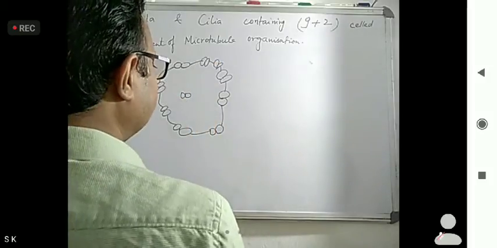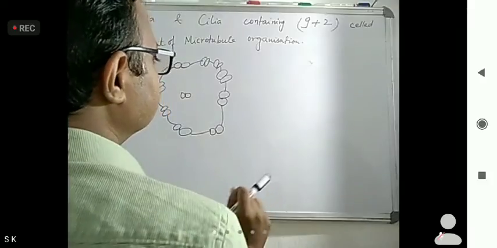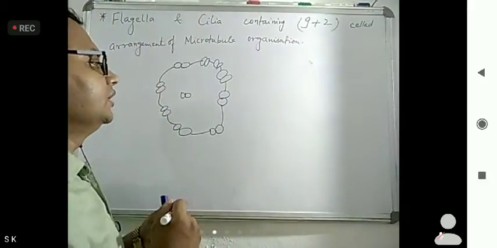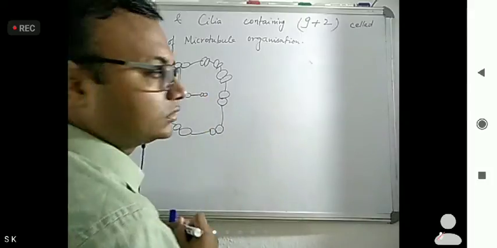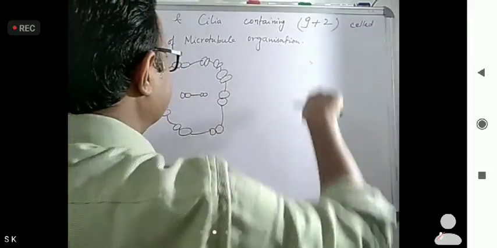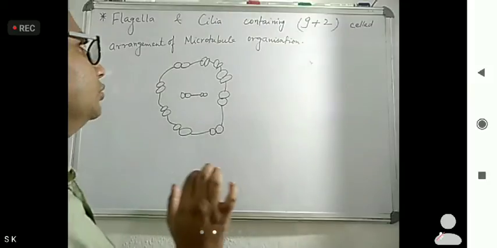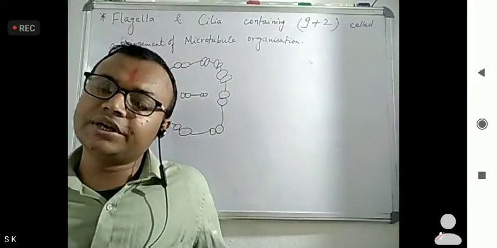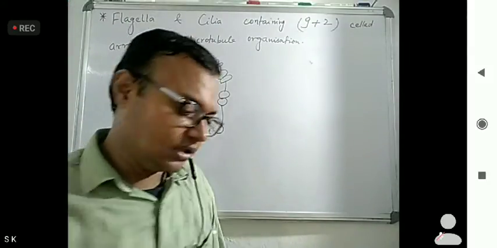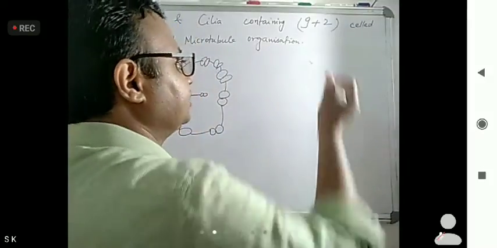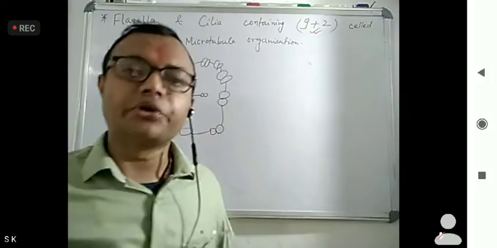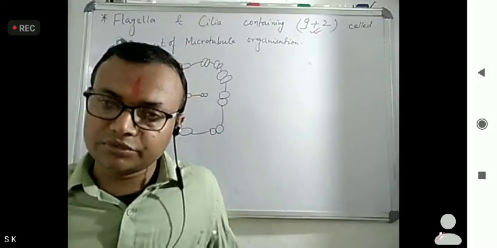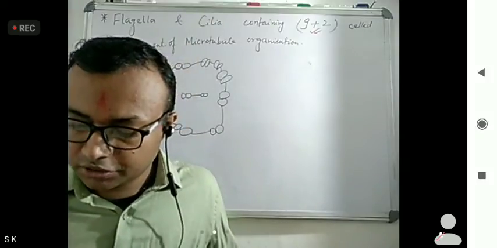Okay, so the 9 plus 2 arrangement is found, and this is linked with what? Microtubules. Which one contains this 9 plus 2 arrangement? This 9 plus 2 arrangement you have to remember, that is found in Kingdom Protista. Okay, it starts from where? Kingdom Protista.